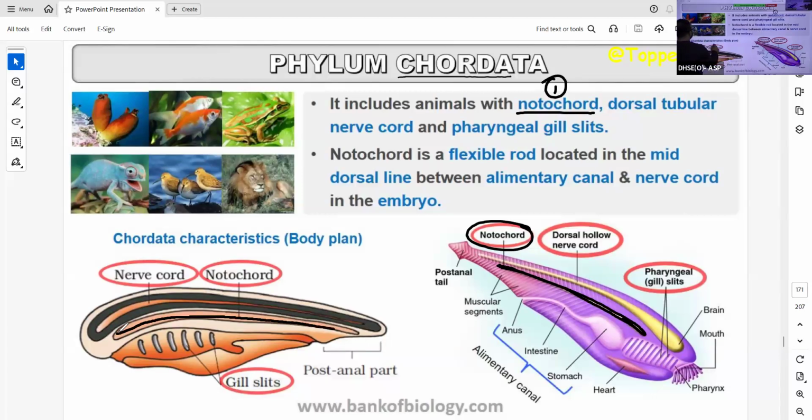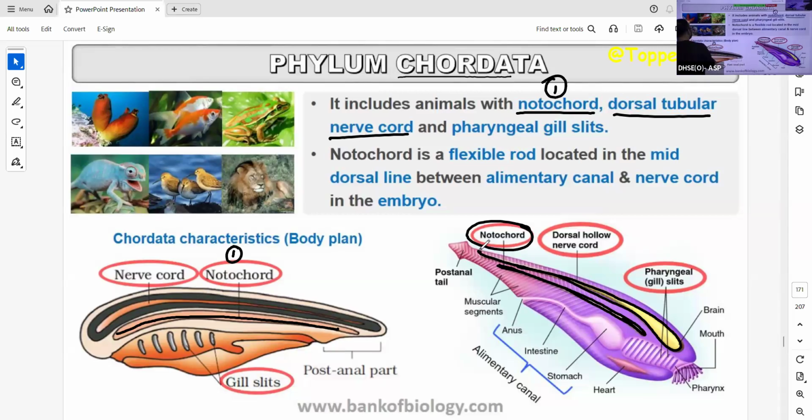The first thing that represents a chordate is this notochord. Okay. Secondly, dorsal tubular nerve cord. This is the nerve cord that we are talking of. Okay, fine.